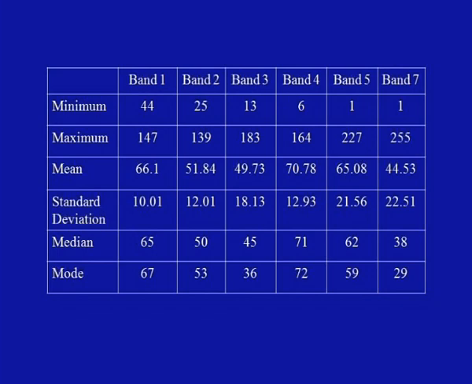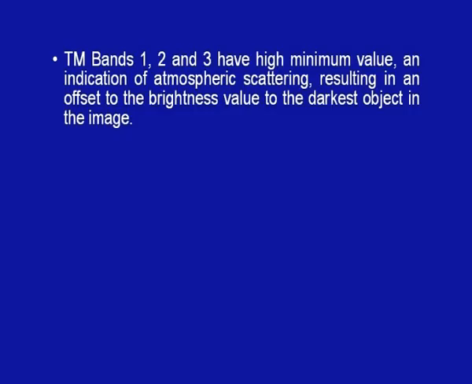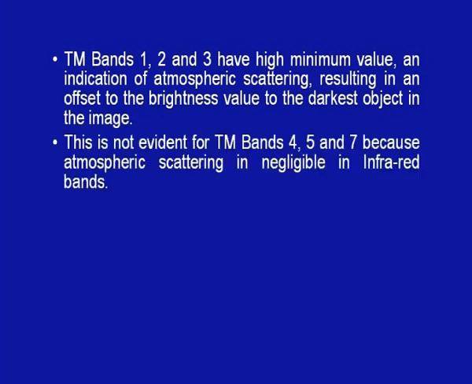Having obtained these values through the software, now we have to interpret what these values actually provide us in terms of a qualitative measure of the quality of the data. We observe that TM bands 1, 2 and 3 have high minimum values, an indication of atmospheric scattering resulting in an offset to the brightness values of the darkest object in the image.